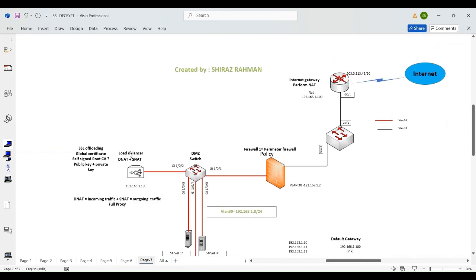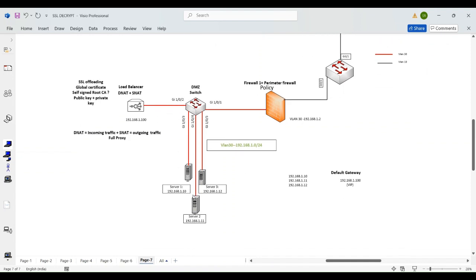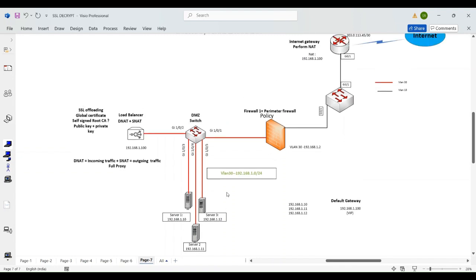The server load balancer will do two types of NAT, DNAT and SNAT. The DNAT they will do for the incoming traffic. Okay, so the traffic to 192.168.1.100 will be on the F5 load balancer. Suppose the F5 load balancer has chosen the server 1.11, right?